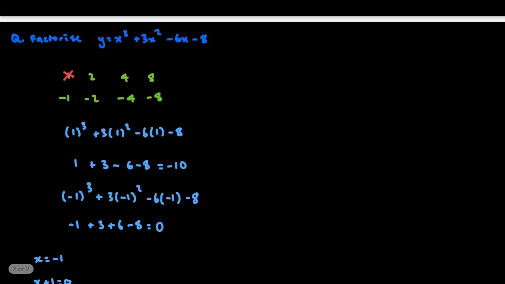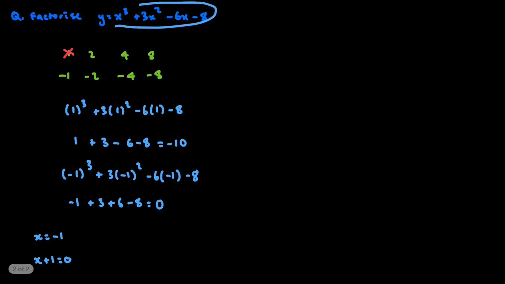I take my original polynomial over here, and all I'm going to do with it is divide it by x plus 1. If you're not too sure why, I'll explain it later. But for now, just know I'm going to divide this polynomial by this linear factor over here. Because we already have one factor, we just need to find out the others.